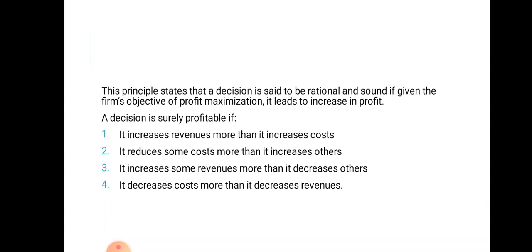It decreases cost more than it decreases revenue. For example, the revenue decreased by 3,000 and cost decreased by 5,000. So cost has decreased more, and again the profit has increased.